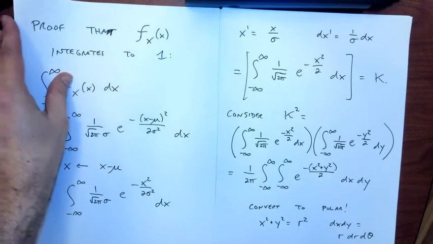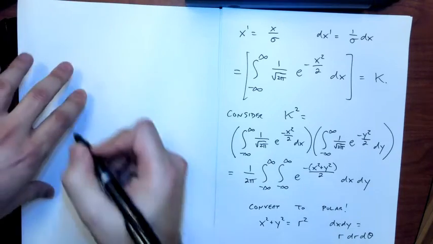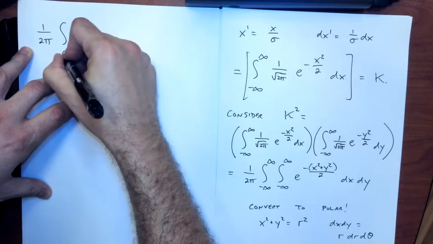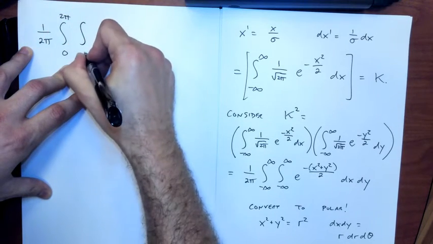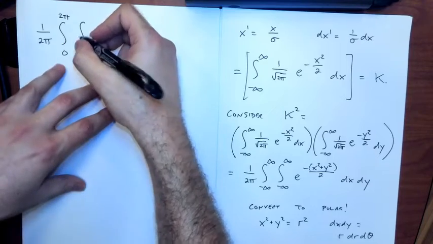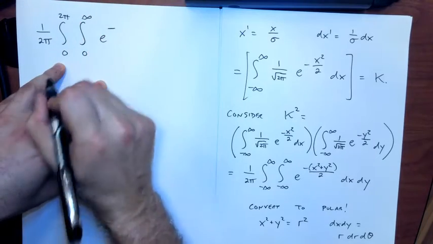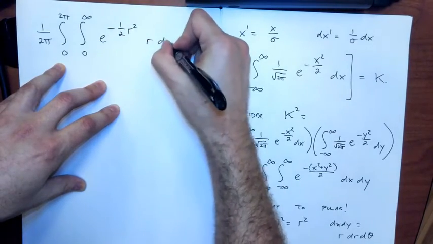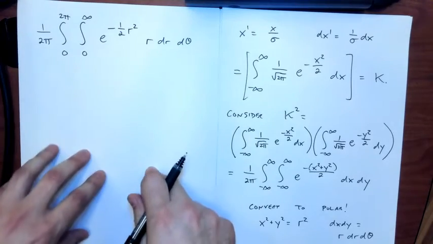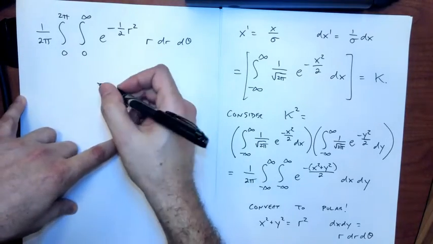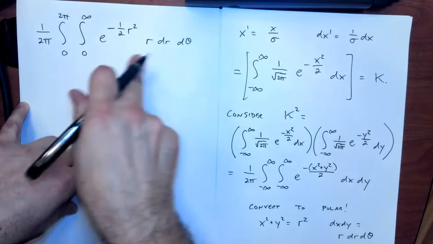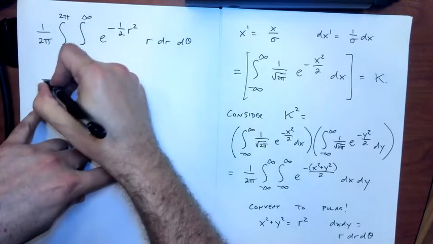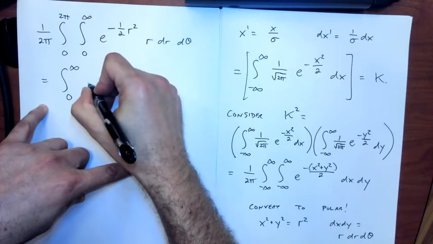Then in polar coordinates, this integral becomes: theta goes from 0 to 2 pi, r goes from 0 to infinity, and then I have e to the minus 1/2 r squared, with dx dy becoming r dr d theta. So now, there's no thetas in here, so if I just integrate the d theta part out, that's going to give me a 2 pi, and that's going to cancel this 2 pi. So now I've got something that is just in r.